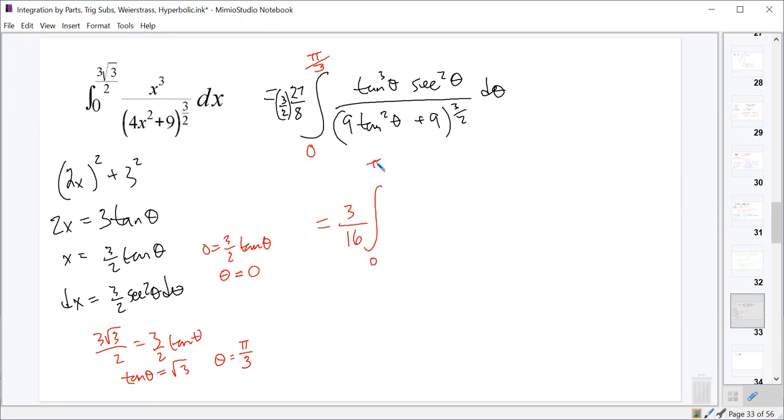And then it's an integral from 0 to pi over 3. And this is tangent squared theta plus 1, which is secant squared theta. We square root secant squared theta, which makes it secant theta. But then we cube it, which makes it secant cubed. And so we have a secant cubed in the denominator and a secant squared in the numerator, which makes it just a secant in the denominator. So we got tangent cubed theta d theta over secant theta. Everybody good with that simplification?